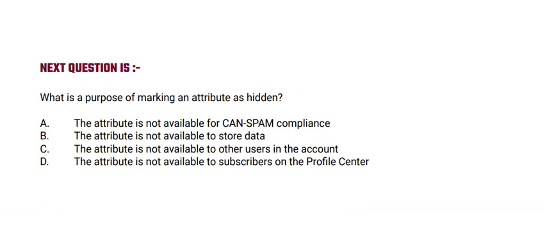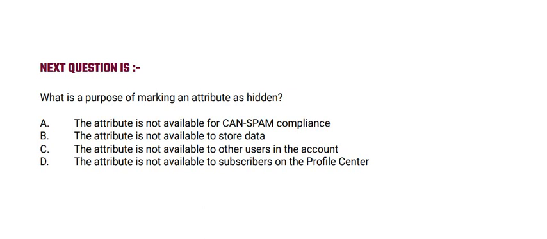Next question is: what is a purpose of marking an attribute as hidden? Options are: option A, the attribute is not available for CAN-SPAM compliance. Option B, the attribute is not available to store data.